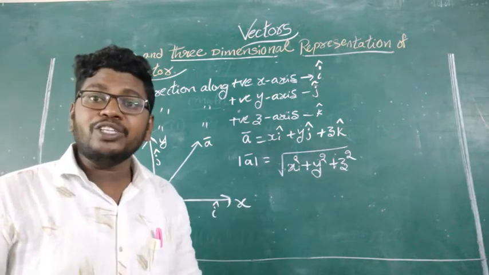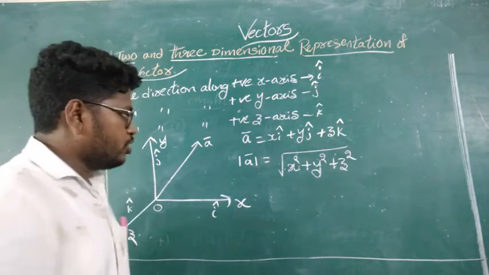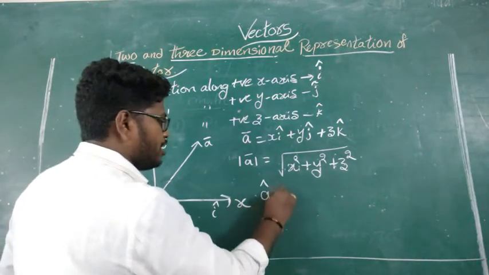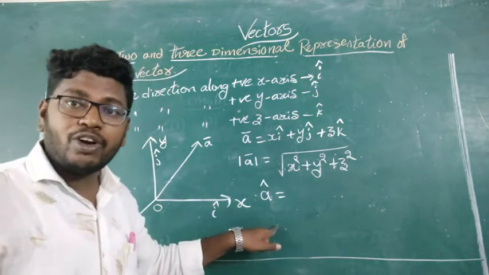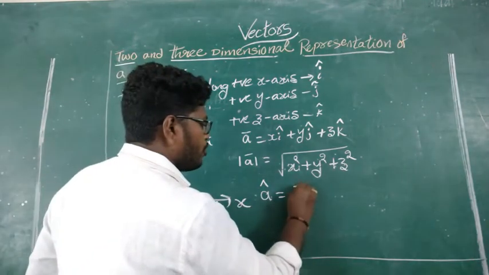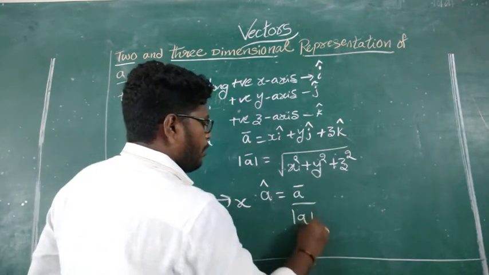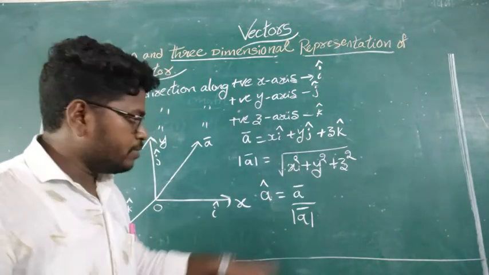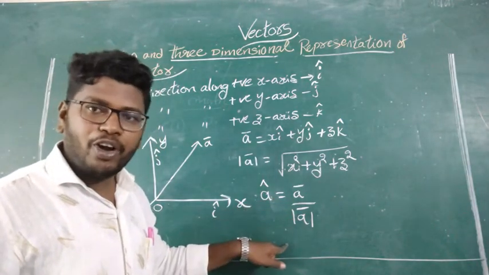Now let me write the unit vector of A. The unit vector of A is represented as A cap. The formula of the unit vector is A bar by magnitude of A bar.